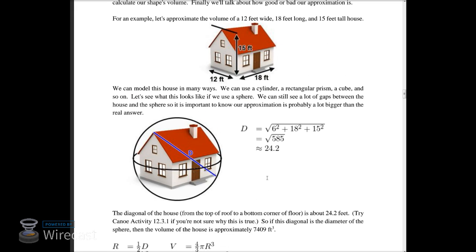And I chose the sphere because I figure they probably wouldn't be using the sphere for the canoe, because the sphere is a pretty bad approximation of the canoe. So I just thought I'd use one of the shapes that the students might not use. Other shapes that might be better are probably a cylinder that goes down here, or maybe a rectangular prism, or a combination of rectangular prism and triangular prism or other stuff.